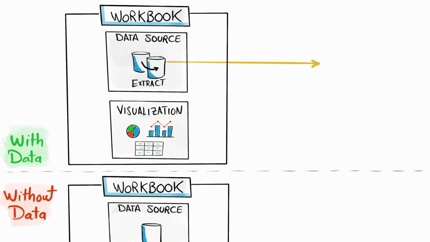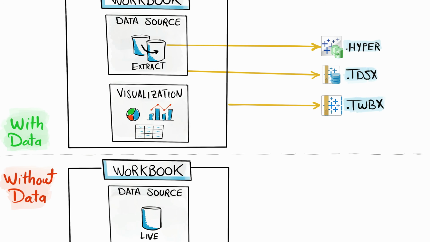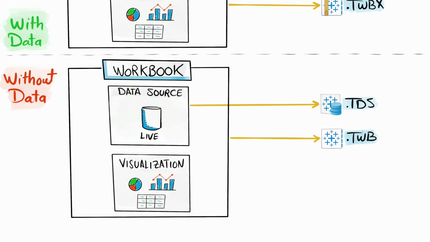You can send only the data using the hyper format, or send the data source with the data using TDSX format, or send the whole package with the format TWBX. And on the other hand, with the workbook without data, you can send only two files: the data source without data, TDS, or the workbook, TWB.